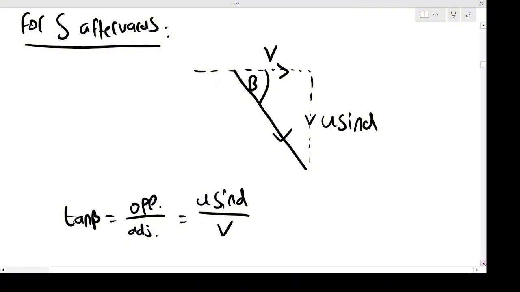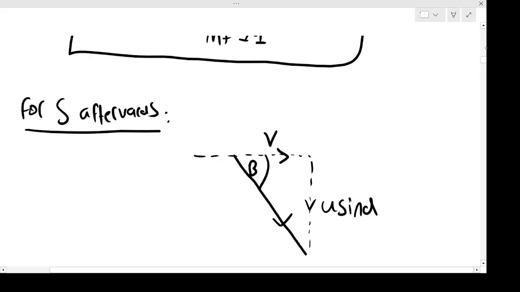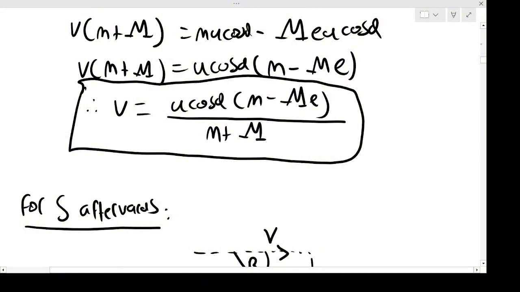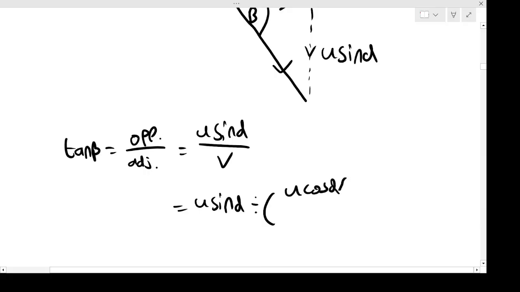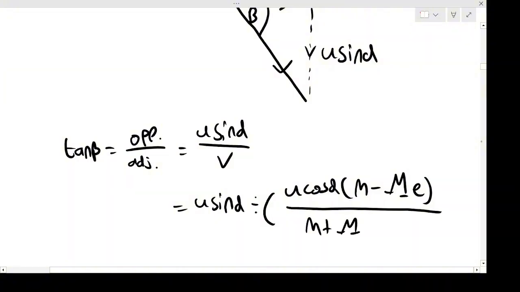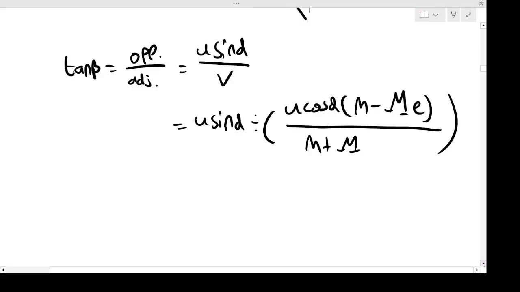But of course, we know what V is. So it's U sine alpha divided by V, which is this nasty fraction here: U cos alpha of (m minus eM) over (m plus big M). So I'm going to divide by that. Now, of course, when you're dividing like this, I can just do KFC, flip back to GCSE, keep flip change.